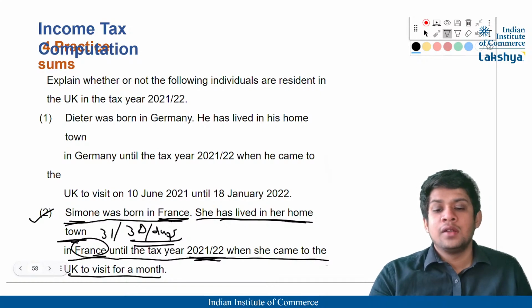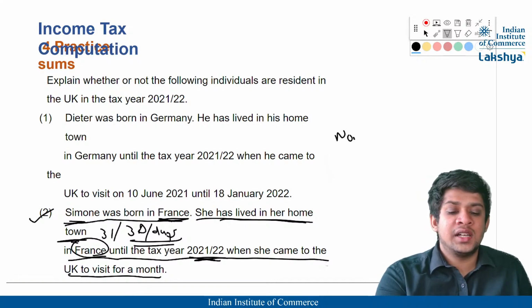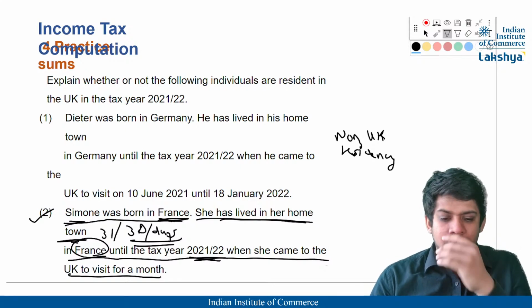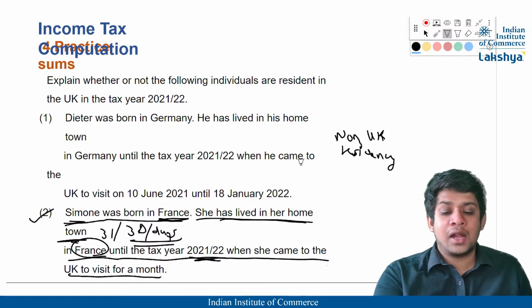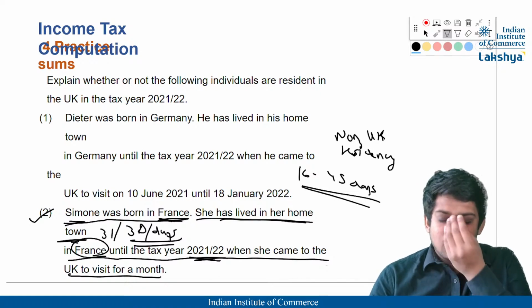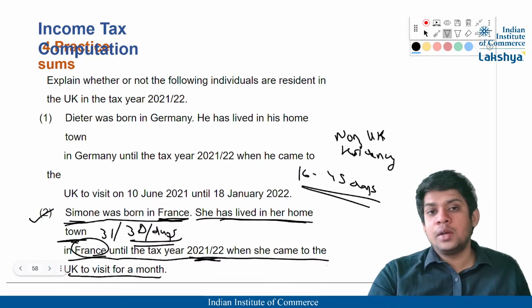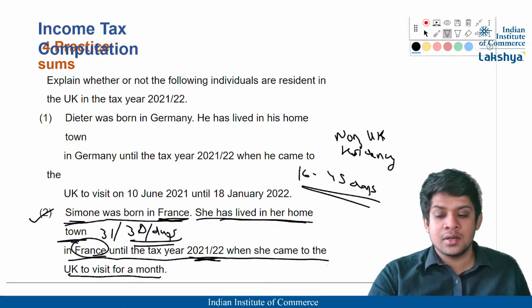Okay. That means, firstly, for the non-UK residency test, if she has stayed for 30 to 31 days, she comes in the bracket of 16 days to 45 days, correct? Now, if she has stayed for 30 days, if in the previous years she has not been a UK resident, then she can directly be determined as a non-UK resident this year, right?